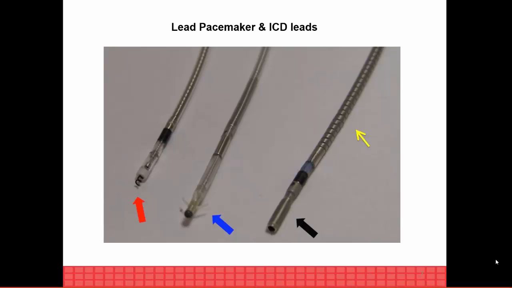You'll notice that the yellow arrow is pointing to the defibrillation coil, which is quite thick in comparison to the pacemaker lead at the far left. In the center is a passive fixation lead, meaning there is no active screw going into the tissue, but rather soft tines that get caught in the right ventricular trabeculi.